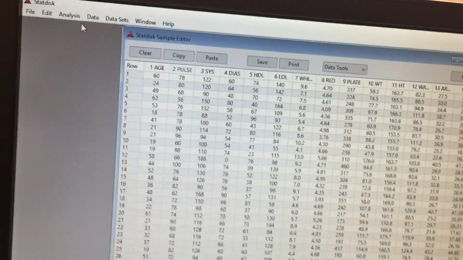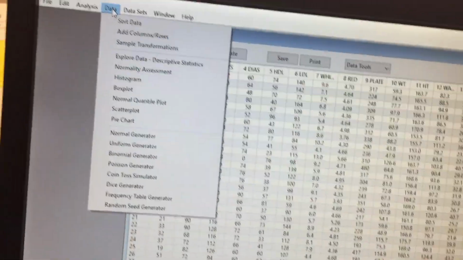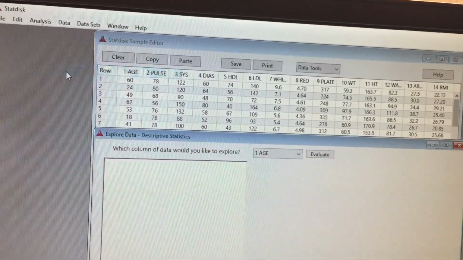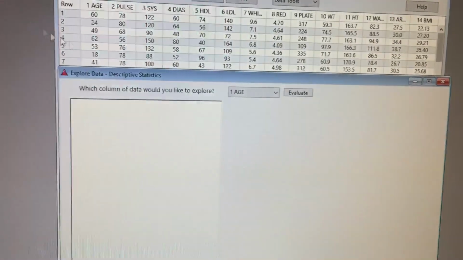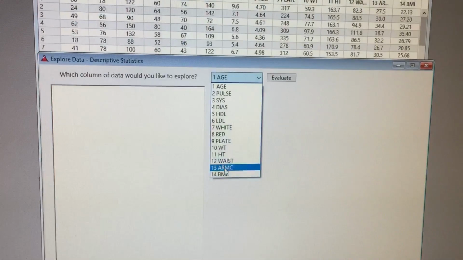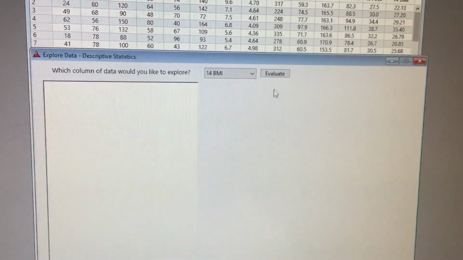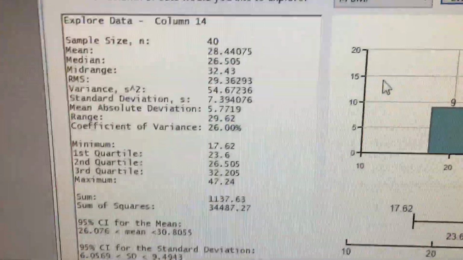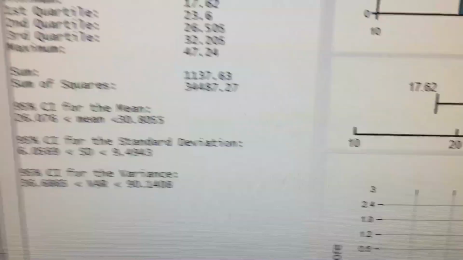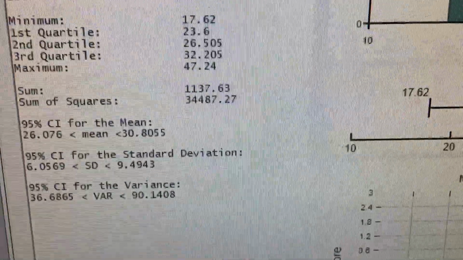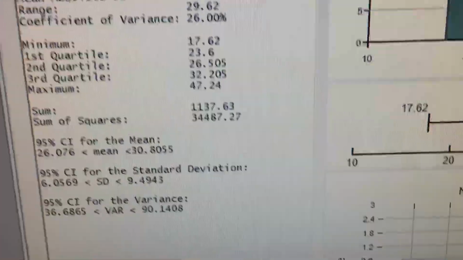Then next, I'm going to pick Data, and then Explore Data, which is your descriptive statistics. Then which column of data do I want to explore? The BMI for female. And then Evaluate. So here's all the data statistics there. Now if you look down here, you're going to see your confidence interval for 95%.